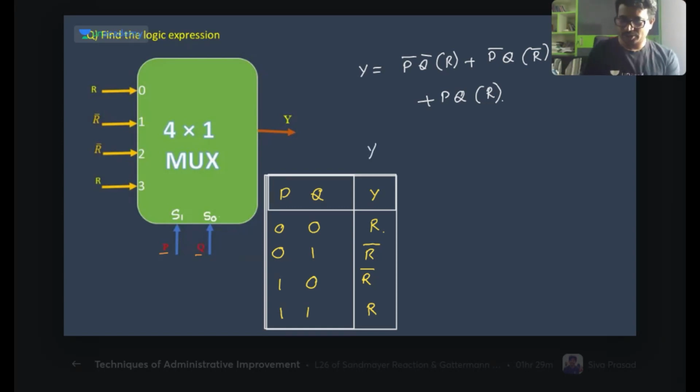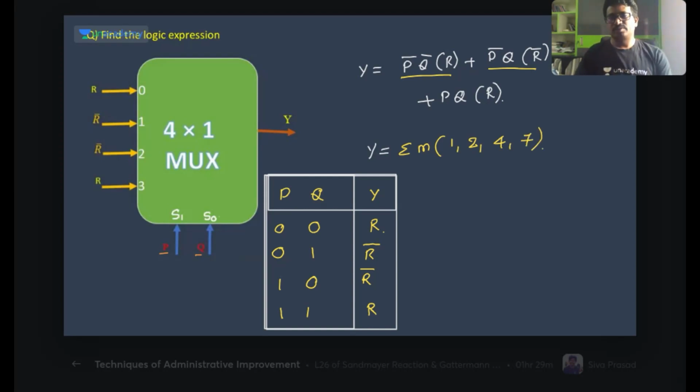So from this, can you tell me the min terms? What are the min terms here? This is 1, this is 2, this is 4, this is 7. 1, 2, 4, 7 is called the XOR operation.